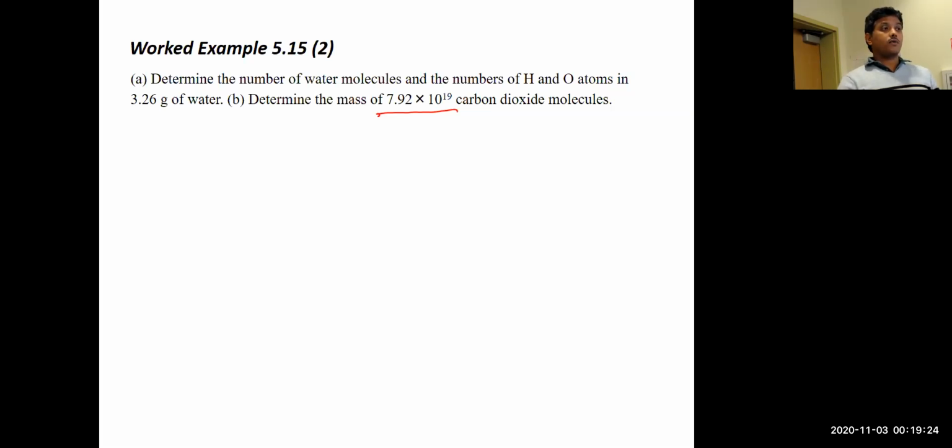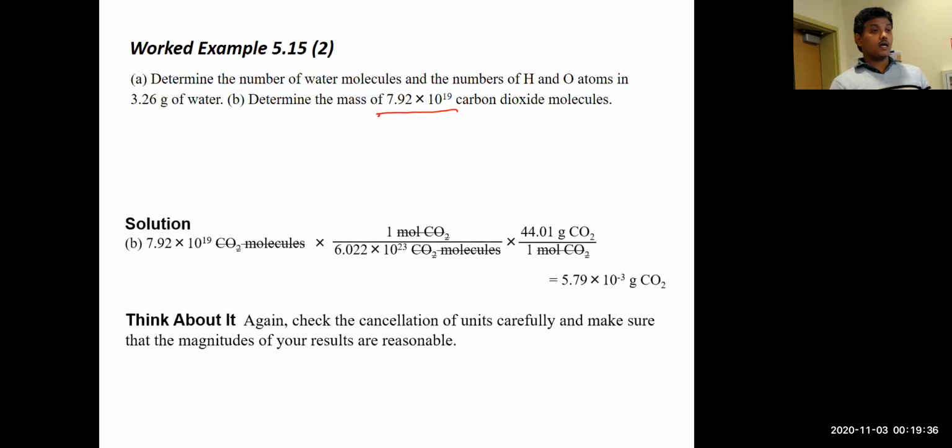So you're going to convert from molecules to moles using the Avogadro's conversion factor. Then you're going to use the molar mass conversion factor to end up with the mass in grams. So you use the Avogadro's conversion factor to cancel the units here. And from moles to mass, you use the molar mass conversion factor to end up with your answer in grams like this.